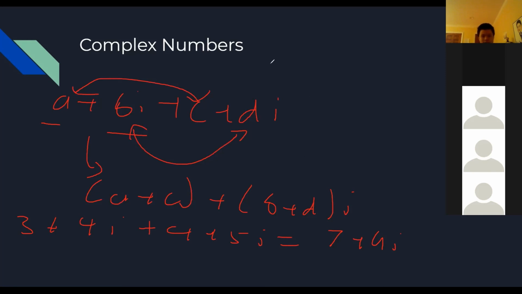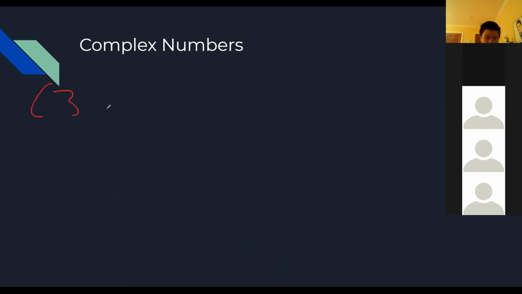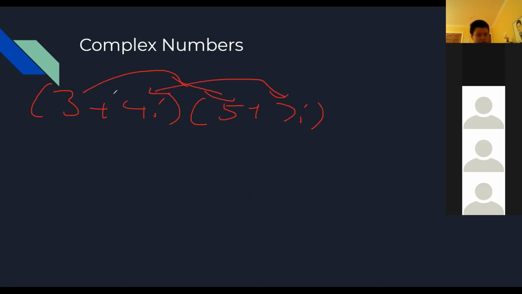Now, what if we wanted to multiply them? Well, we can't just multiply straight across, since, again, imaginary numbers are different from real numbers. However, we can distribute them out and expand that way. So 3 times 5, 3 times 7i, 4i times 5, 4i times 7i.